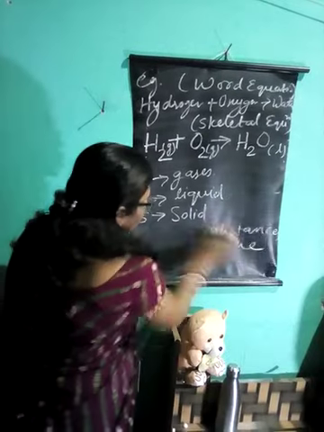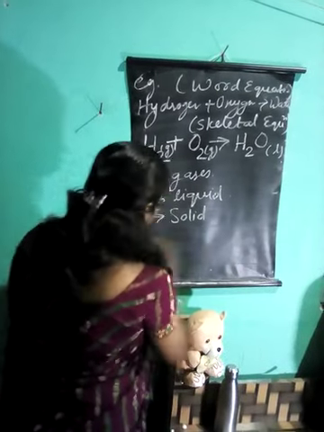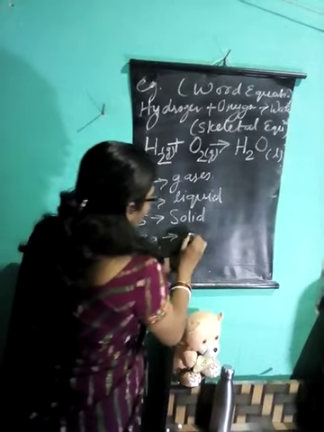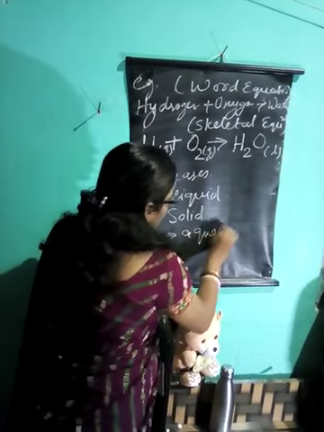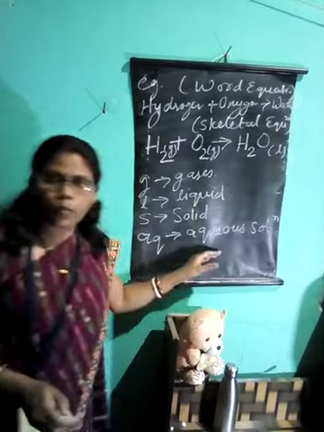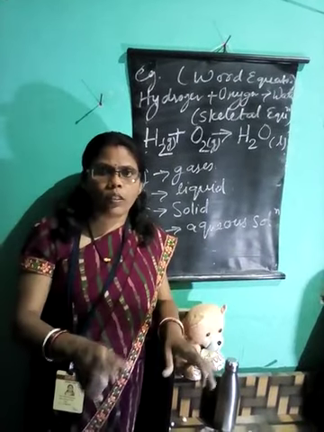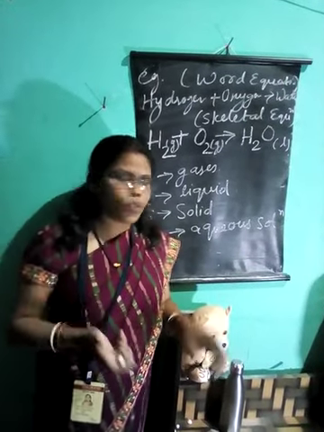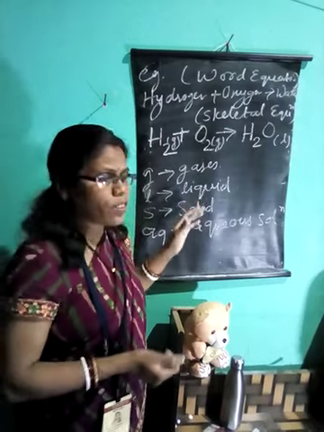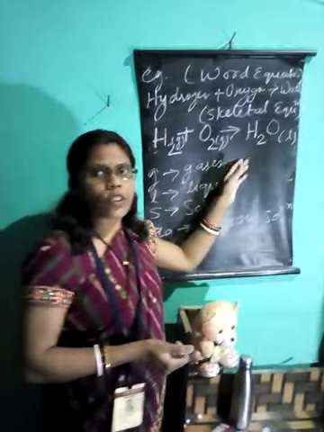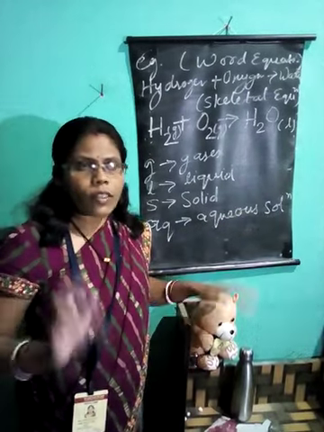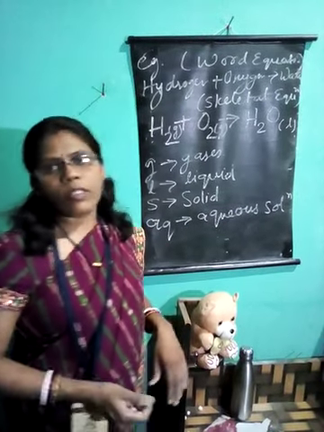AQ, which is something new for you, indicates aqueous solution. What is this aqueous solution? A substance which is mixed with water, that is in the form of solution, is called an aqueous solution. So these things we indicate in the reaction, and that is called a skeletal equation. And further we will see in the next class.